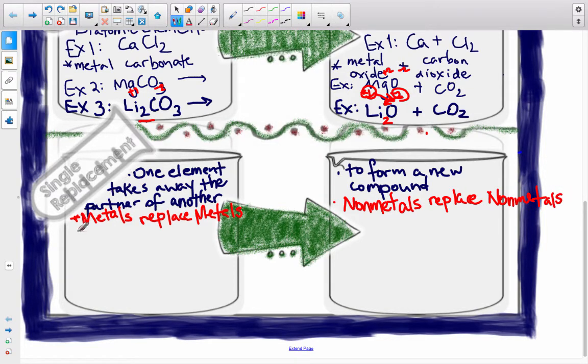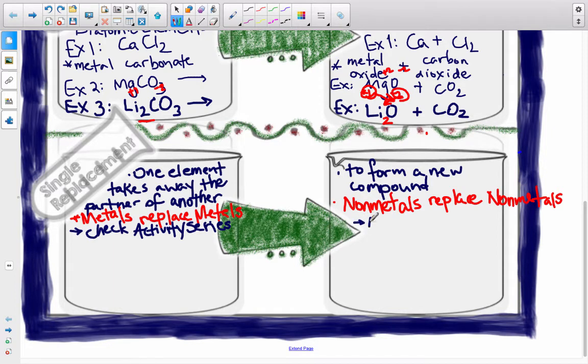If you're looking at metals, then we're going to have to first check the activity series to be sure that the metal in question is actually more reactive than the one that already has a partner. If the single metal is not more reactive than the one that's in the compound, then it won't be able to steal that partner away.